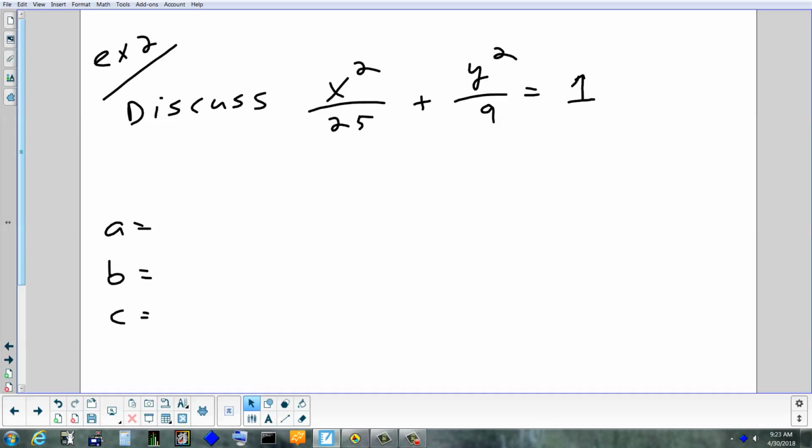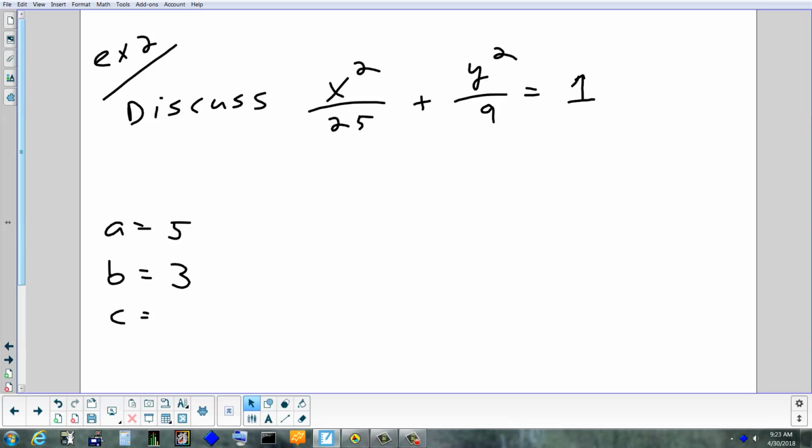So Dylan, what's A in this case? 5. A squared is always the bigger number. Take the square root of it, and there's A. Leo, what's B? 9. Or 3, right? B squared is 9, so B is 3. Now, the only reason I need C is because I'm going to ask you what the foci are. So we have to find C.